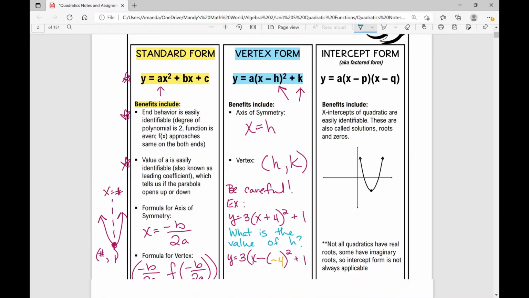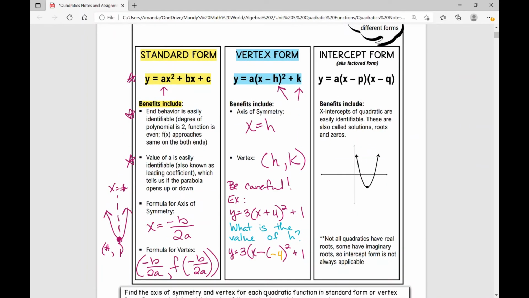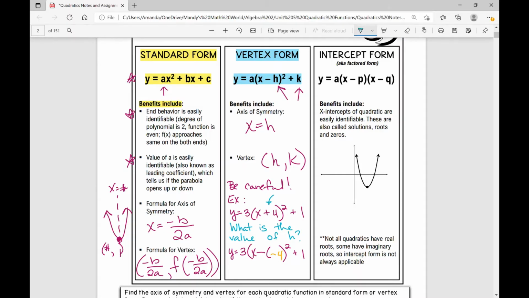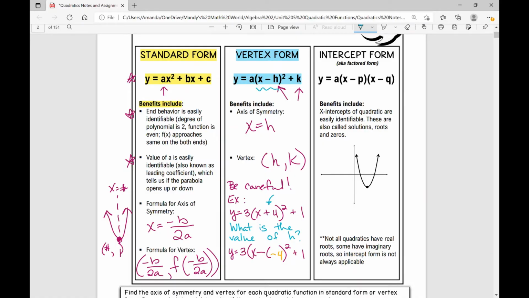Because when I've got y equals 3 times x plus 4, well, my equation is y equals a times x minus h. So if I rewrite my equation like this, where I have x minus, what would h have to be so that when I simplify it, I get x plus 4? It must be negative 4.